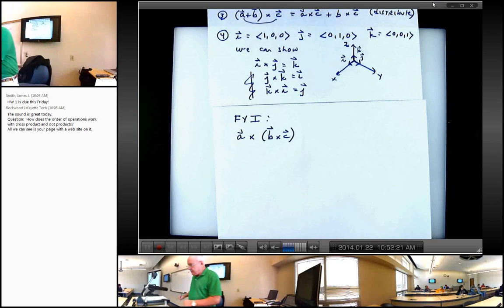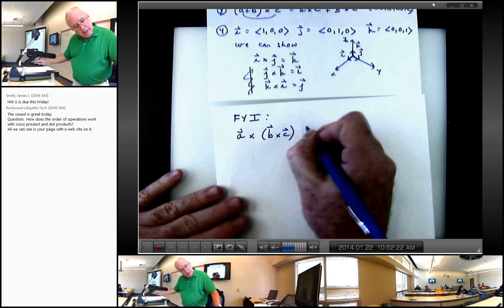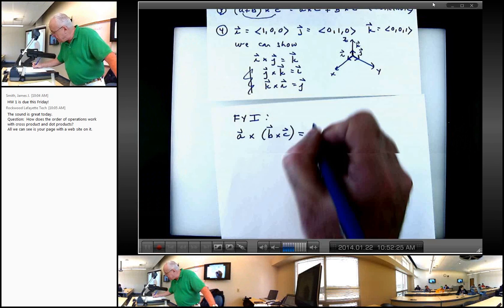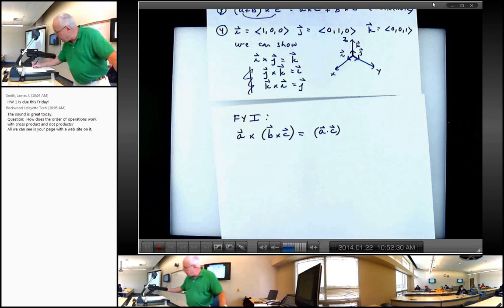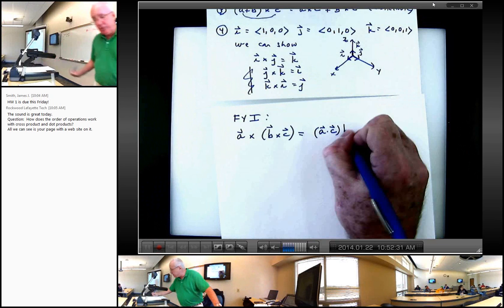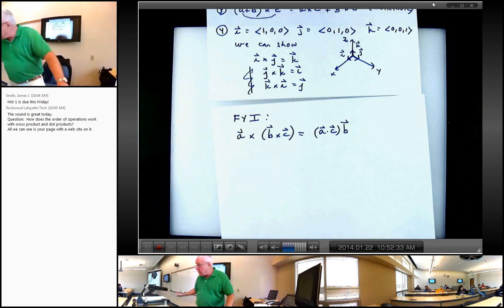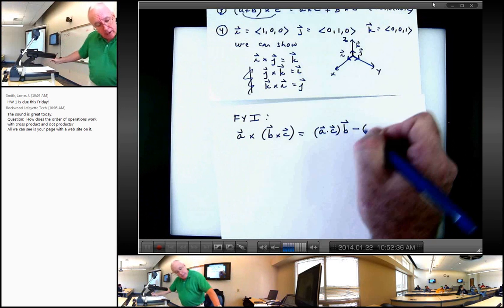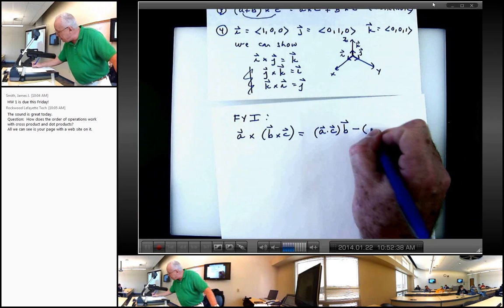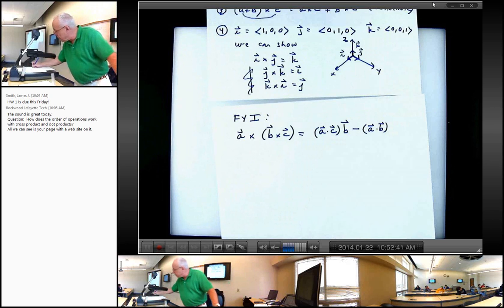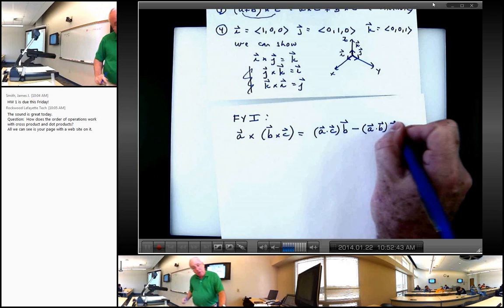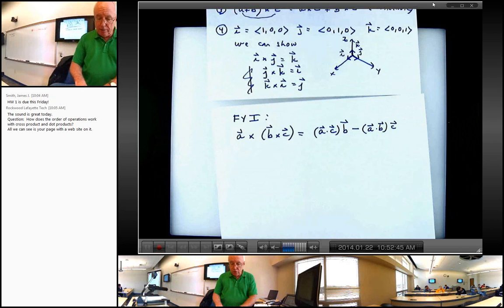That's equal to the following: A dot C, the dot product of A and C, you can see I don't have this memorized, times the vector B, minus the dot product of A dot B times the vector C. So I'm certainly not going to hold you guys to remembering that.